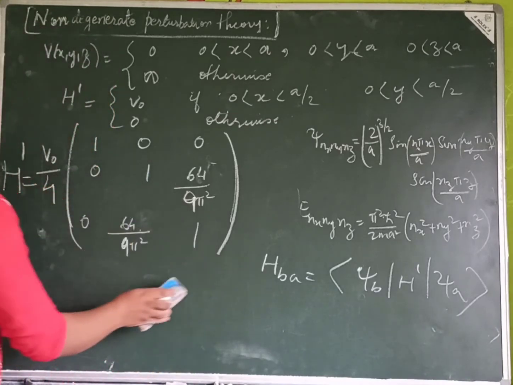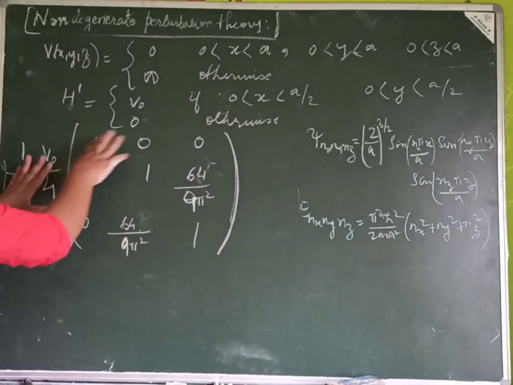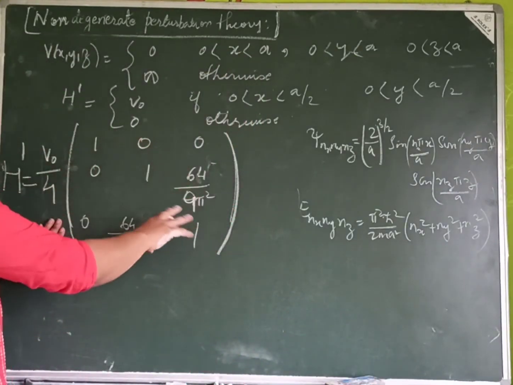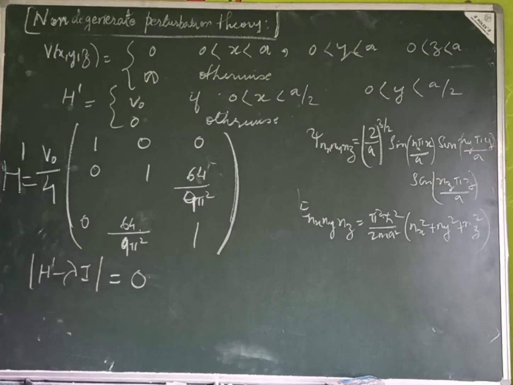Now, this is my matrix element. So now I need to find the eigenvalue of this matrix. Finding the eigenvalue is simple. I just need to do det(H' − λI) = 0.